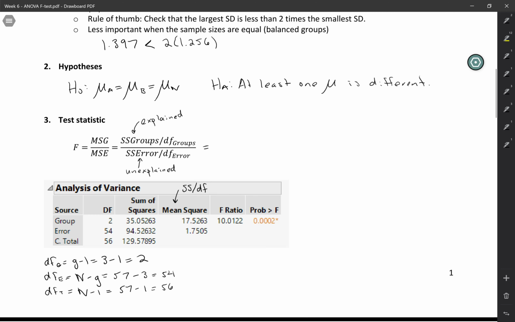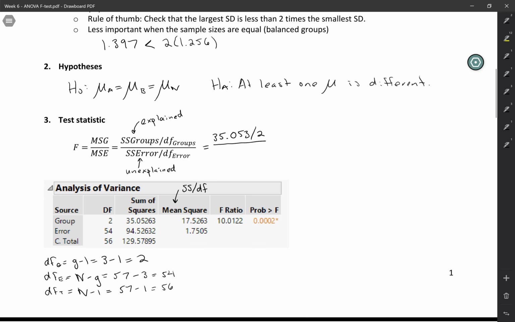So if we wanted to do the mean square for groups, we would do 35.053, I'm just going to keep 3 decimal places here, divided by 2, and that's giving us the mean square for groups. So basically, how much is explained per degree of freedom. And then same sort of thing to get the mean square for error.